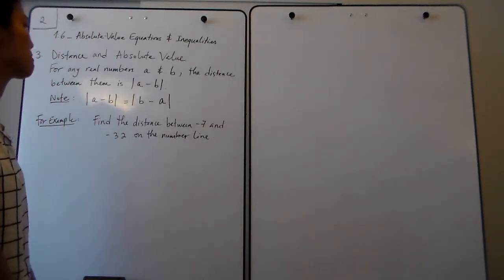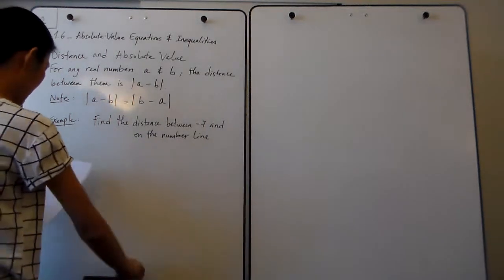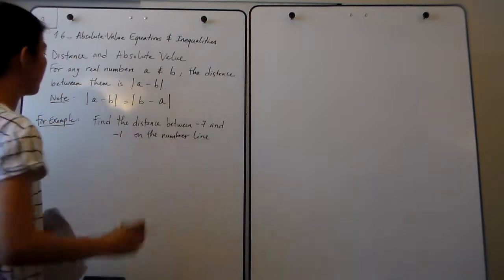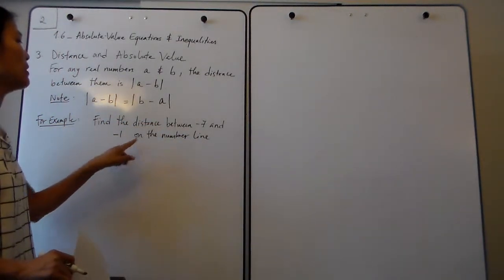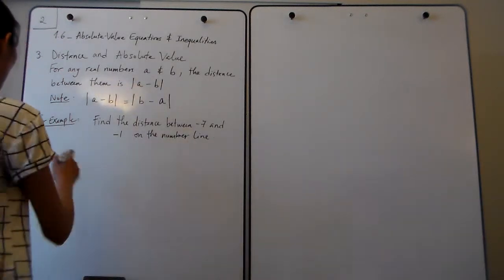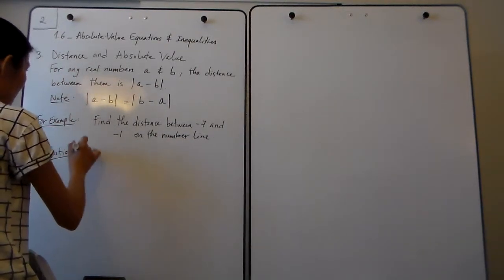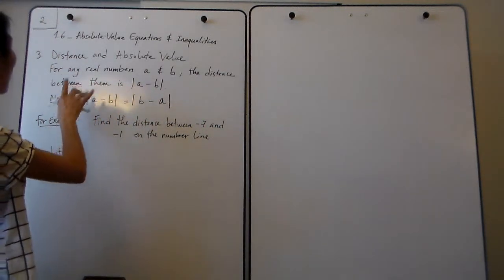So I'll start with the example here. Find the distance between -7 and, sorry, I need to update this, -7 and -1, okay? Find the distance between -7 and -1 on the number line. So, read the definition again.